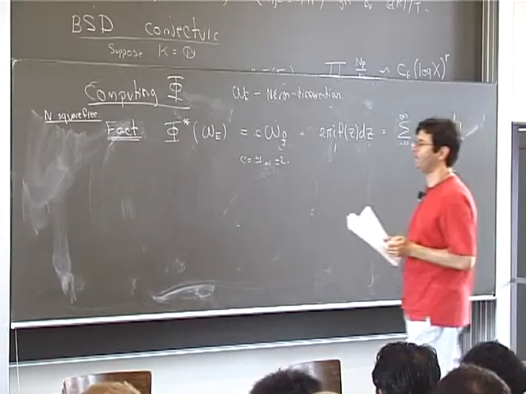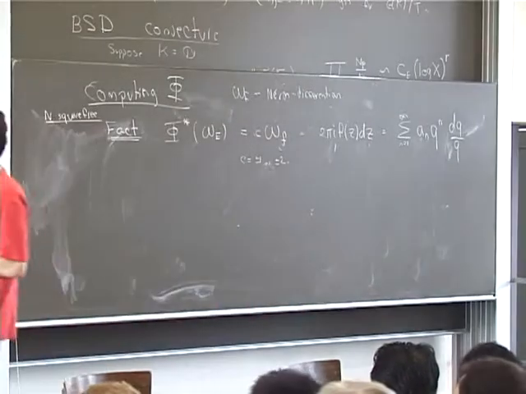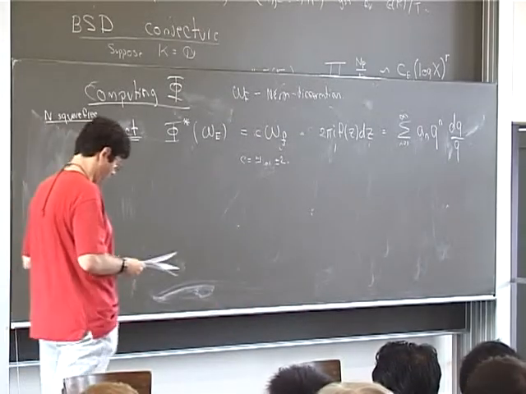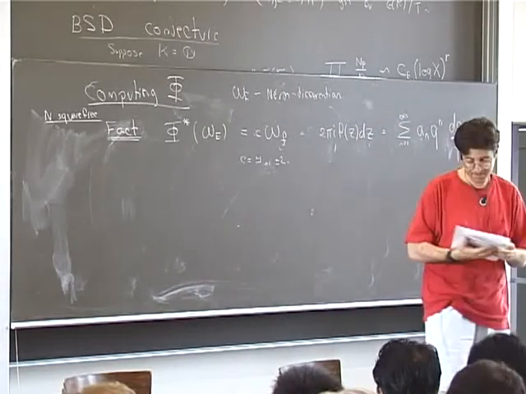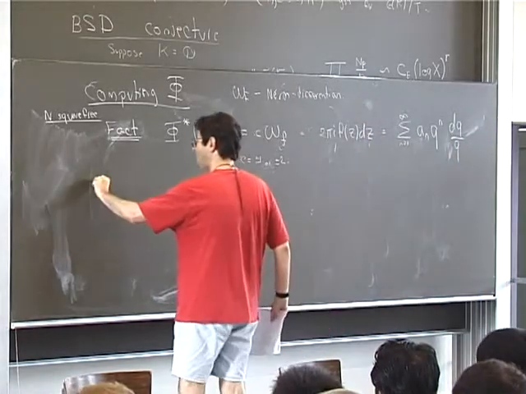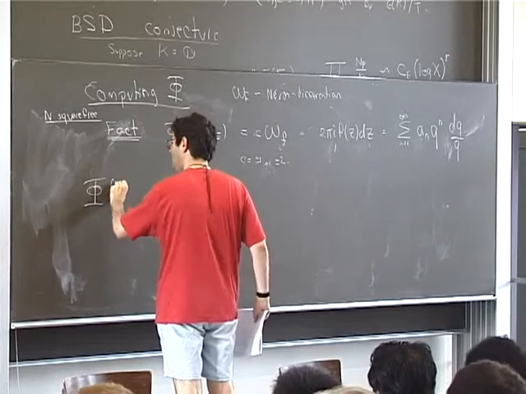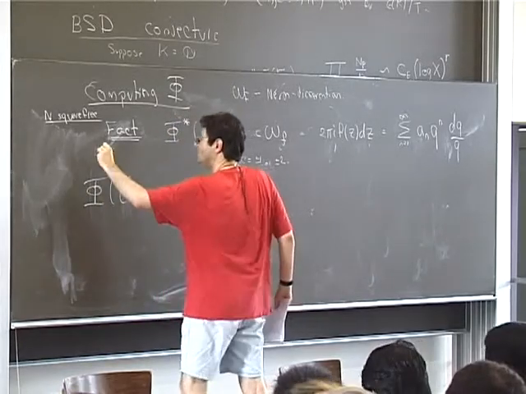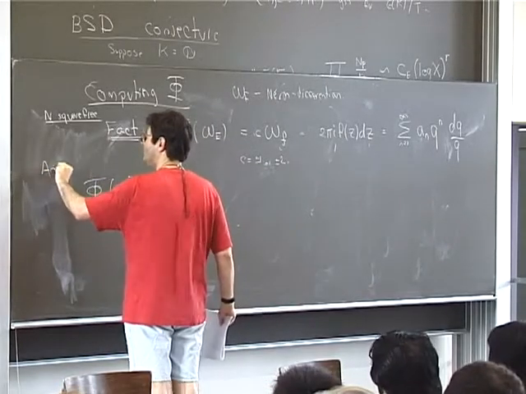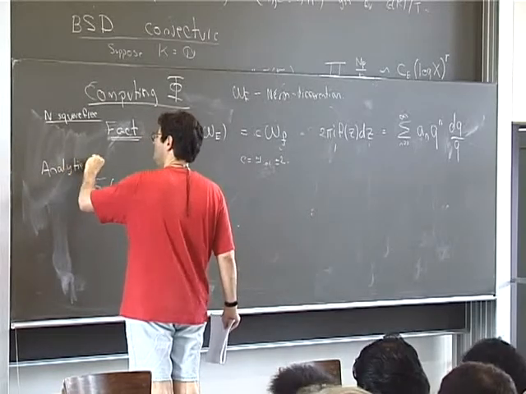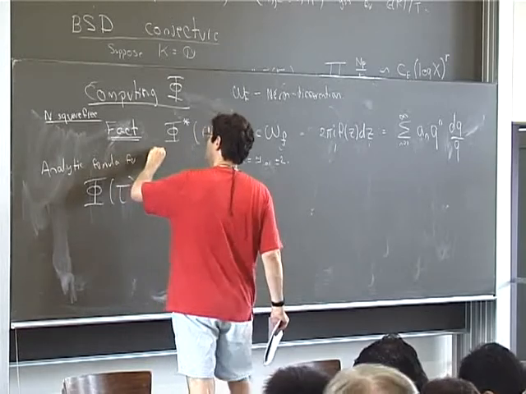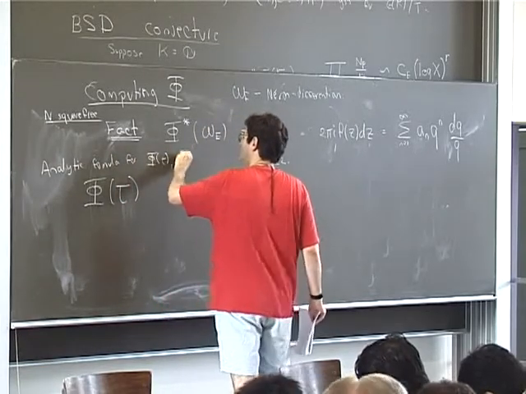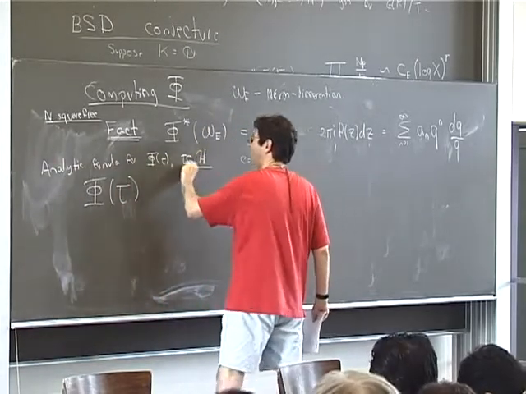So the pullback of omega E is this explicit modular form, the differential associated to this form of weight 2. And therefore, we can compute the image of tau. So we can get an analytic formula for phi of tau, where tau belongs to the upper half plane.